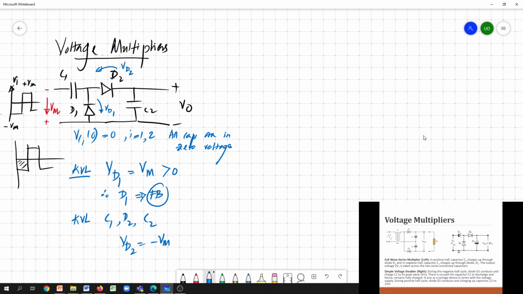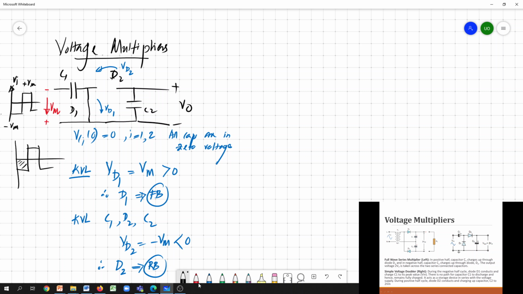So the actual voltage across the diode should be negative Vm, which is less than 0, and we can claim that diode 2 is reverse biased. Once this diode is reverse biased, if we replace it, it is open because it's reverse biased, and the other is short.